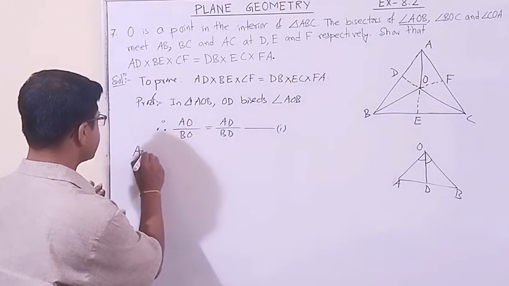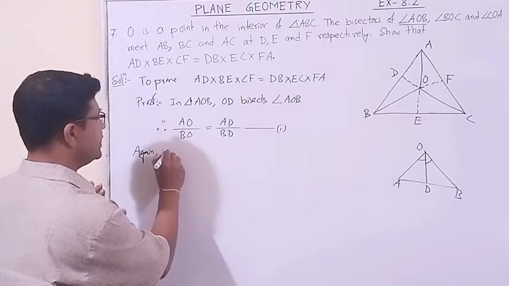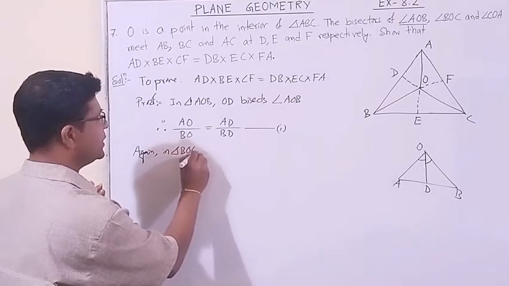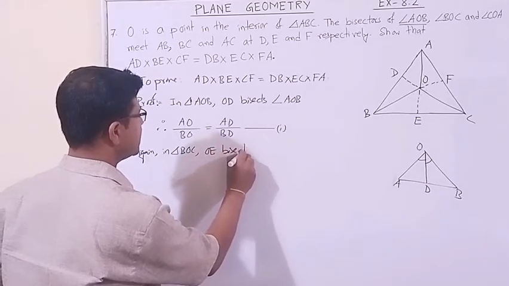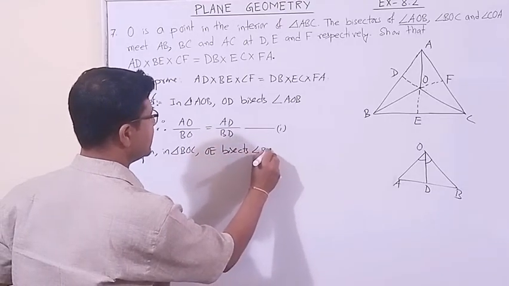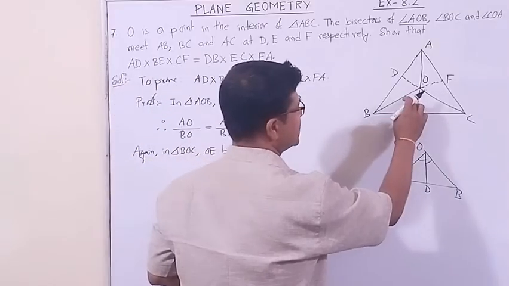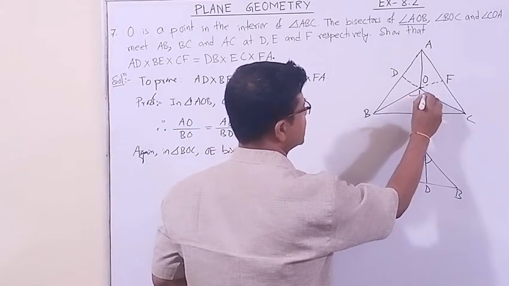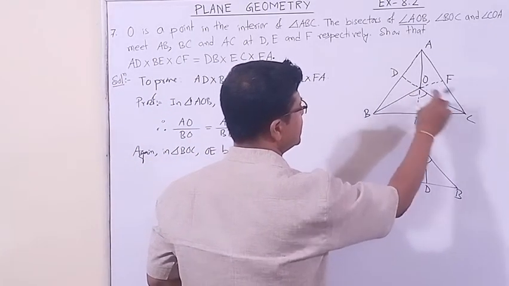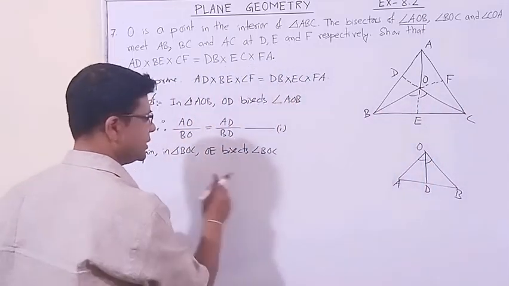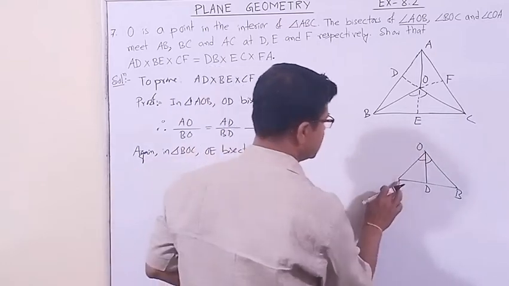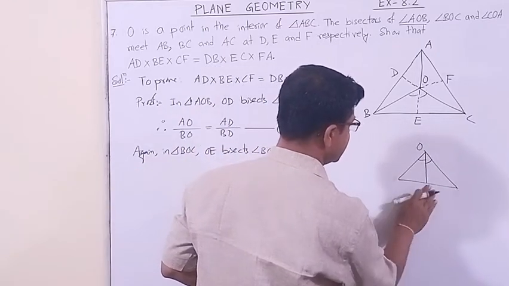Again, in triangle BOC, OE bisects angle BOC. This OE bisects this angle. That means these two angles are equal. So what do we have? BO by CO is equal to BE by CE. Same concept, we can change the names.